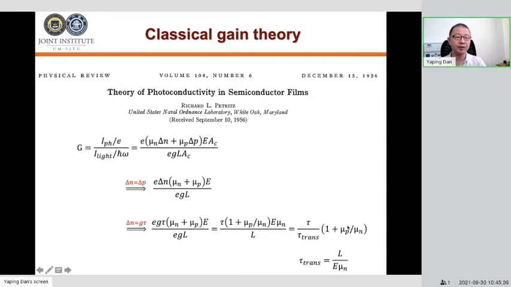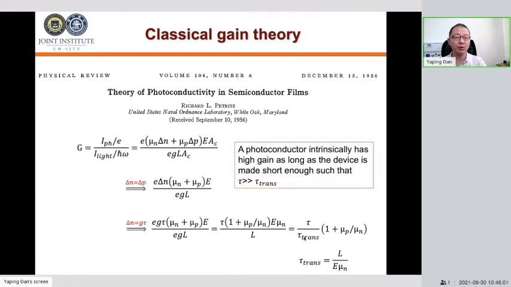That's the excess carrier mobility ratio. Generally it's not going to be very big. For example, for silicon, mu p is actually a third of mu n. So mu p divided by mu n equals 1/3, and the term in this bracket will not be big. So the dominant gain will come from the minority carrier lifetime divided by the transit time.